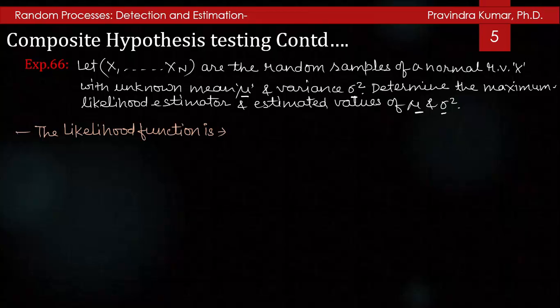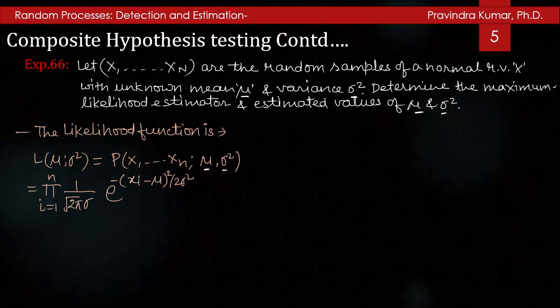First of all, the likelihood function here is p(x1 to xn; mu, sigma square), which involves the unknown parameters. It will be the product for i equal to 1 to n of 1 upon square root of 2 pi sigma square, times e to the power minus (xi minus mu) whole square by 2 sigma square, because the product denotes the product of the PDFs.